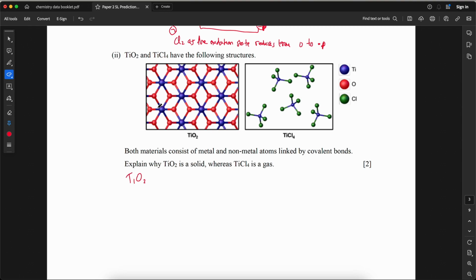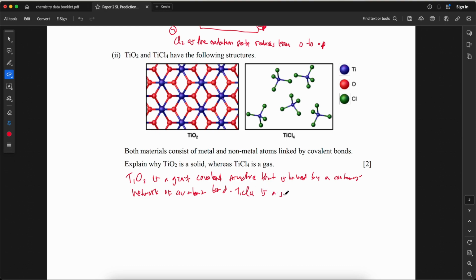TiO2, as you can see the structure, it keeps linked, not like normal covalent bond for TiCl4. So TiO2 is a giant covalent structure that is linked by a continuous network of covalent bonds.